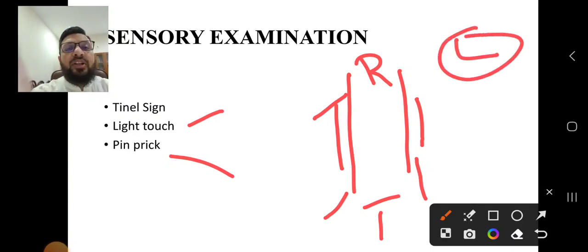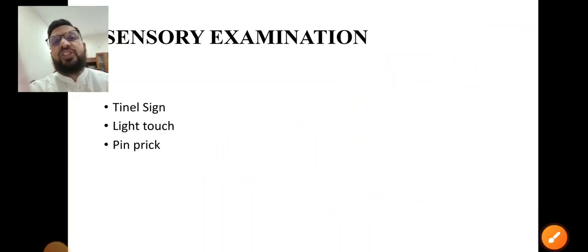And then similarly you will do the pin prick sensations. But before that, there is a very important thing to explain to the patient.